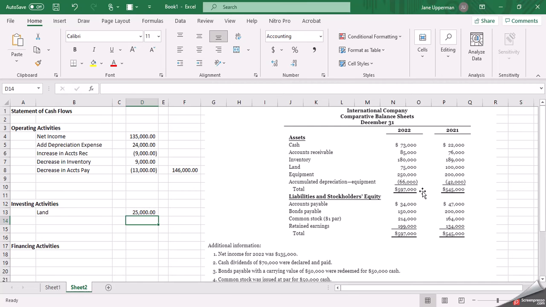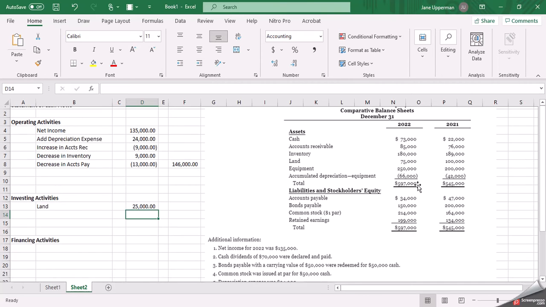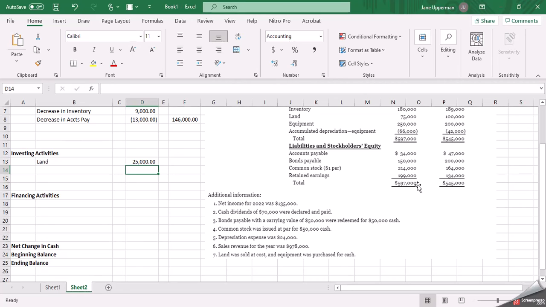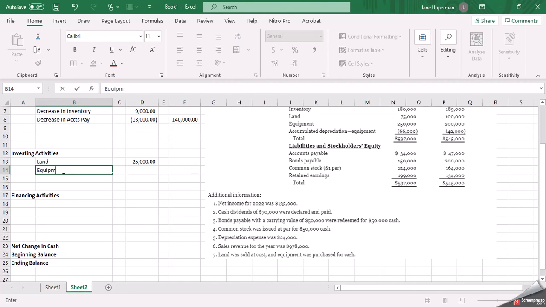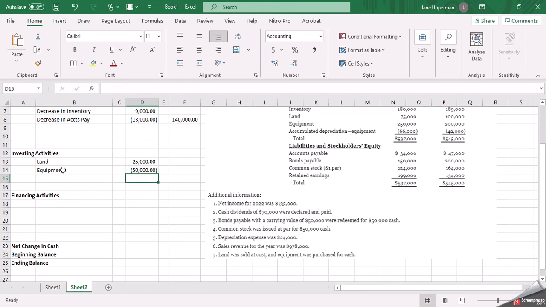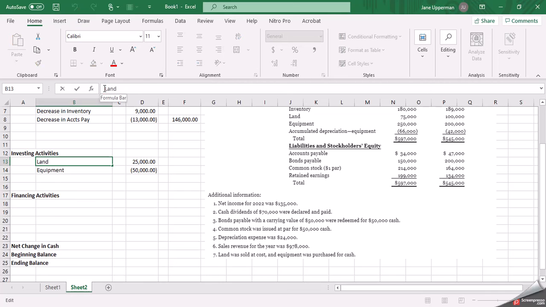Our equipment increased by 50,000. And does it tell us anything down below about that? Yes, equipment was purchased for cash. So our equipment goes up 50,000, and we purchased it using cash, so that would mean it's a decrease in our cash. So here I'll put in a sale of land and a purchase of equipment.